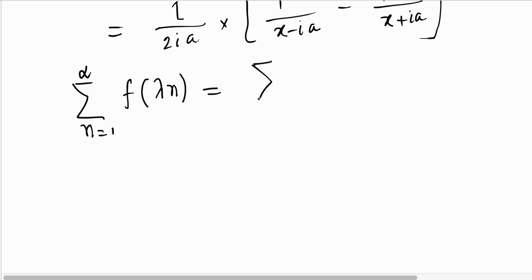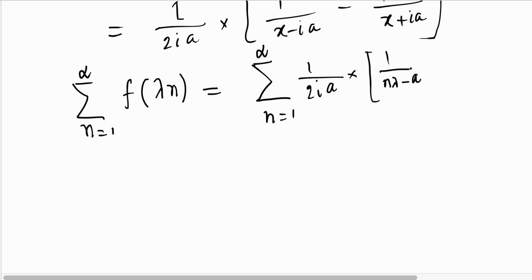So the series becomes the sum from n equal to 1 to infinity of 1 by 2ia, into 1 by (n lambda minus ia) minus 1 by (n lambda plus ia).